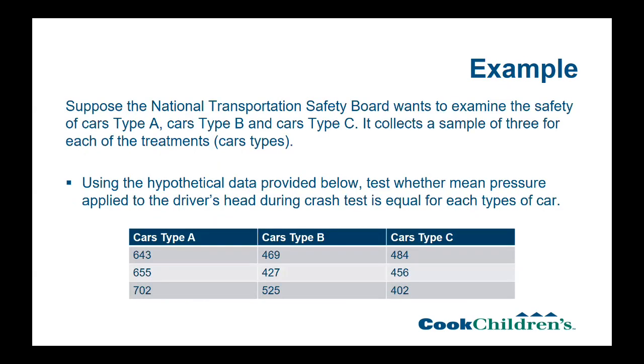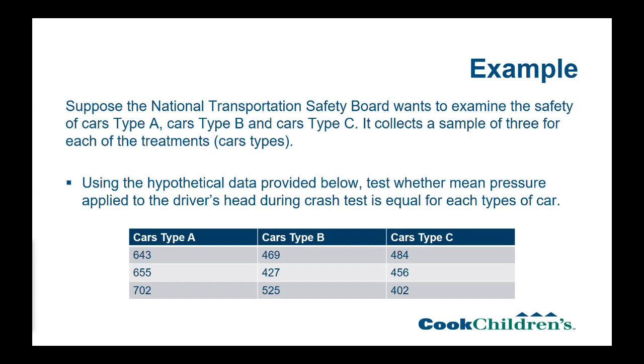So let's look at an example. Sometimes when you just talk about some of these terminologies, it might be confusing until you really look at a specific example. Suppose the National Transportation Safety Board wants to examine the safety of cars, type A, type B, and type C, and it now collects a sample of three for each of those treatments.